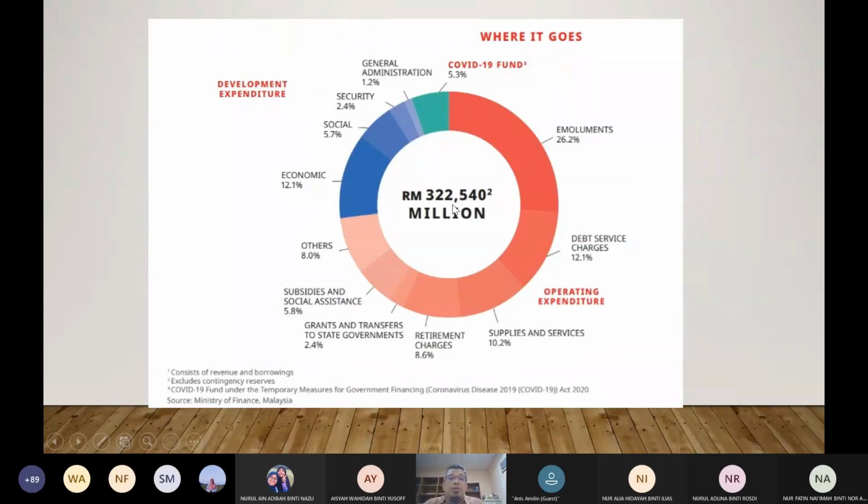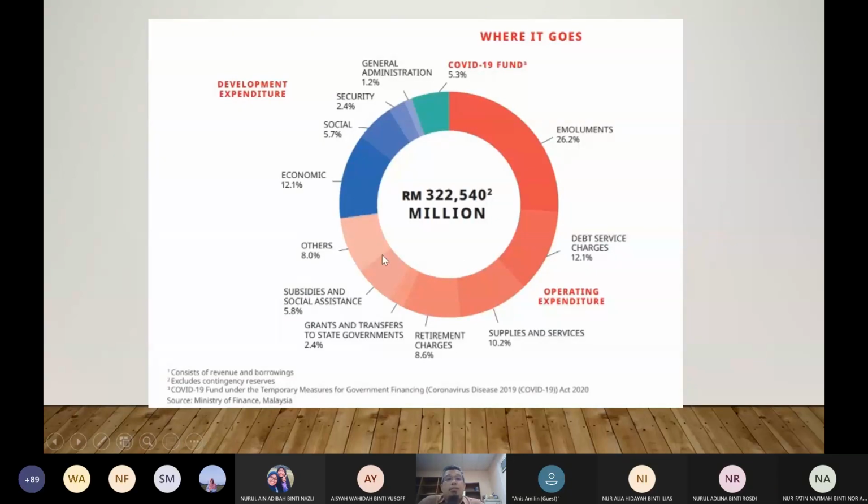Other observations you can also see beside emoluments: debt service charges, retirements. These are kind of fixed charges, isn't it? Related to legacy costs, like retirement charges and debt service, because they are already undertaken.